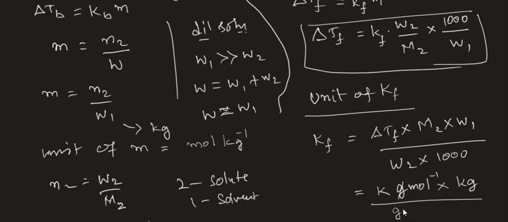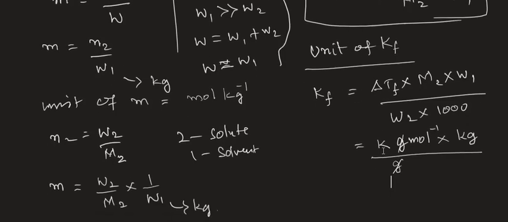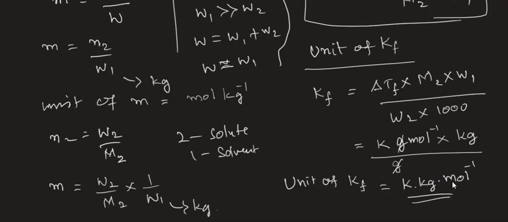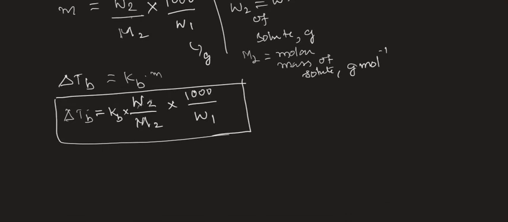So gram can be cancelled, leaving Kelvin, mole inverse, and kg. So the unit of the cryoscopic constant KF is Kelvin kg per mole. This is the way you have to indicate it. Similarly, the same unit can be derived for the elevation of boiling point constant also.